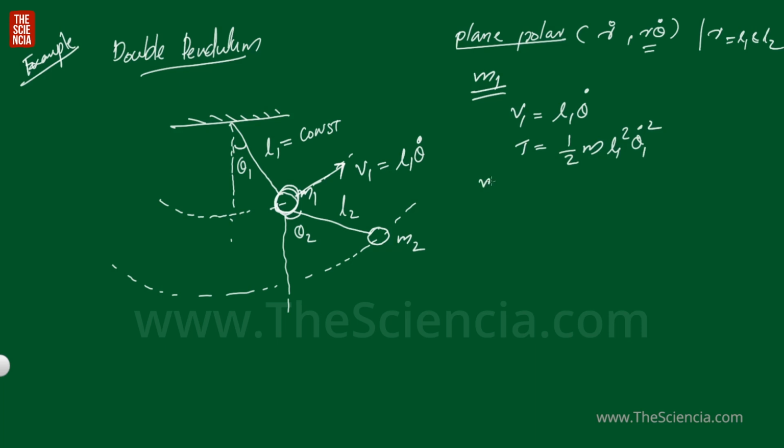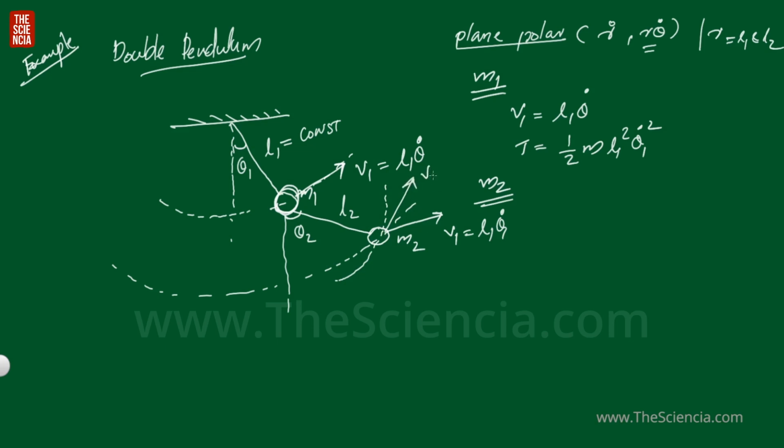Now I am considering the second mass m2. The second mass m2 is attached to mass m1. So this mass m2 definitely will have a velocity v1, that is v1 equal to L1 theta 1 dot. And it is oscillating about its own axis like this. So there is a velocity in this direction.